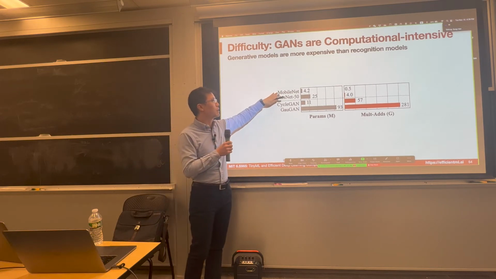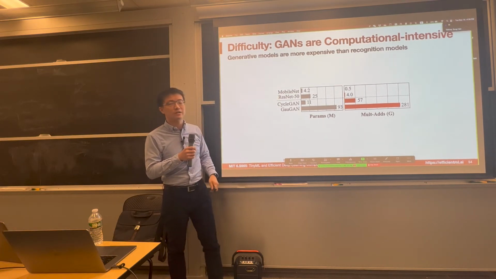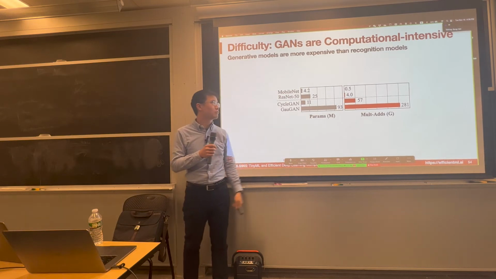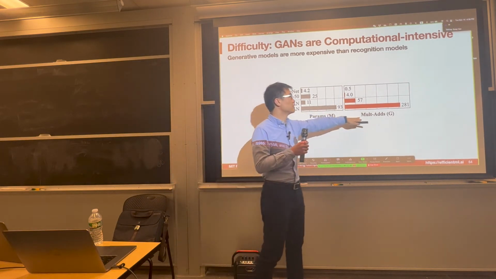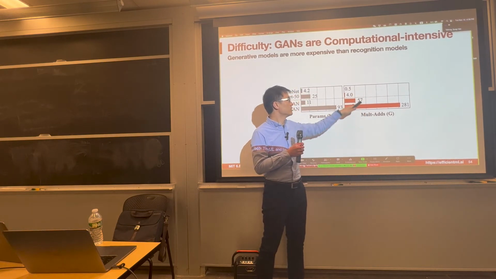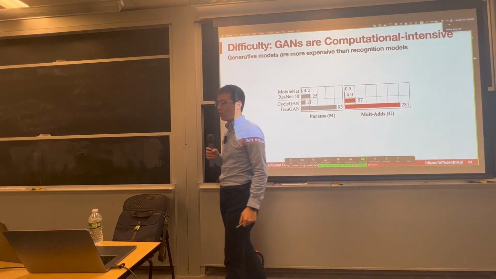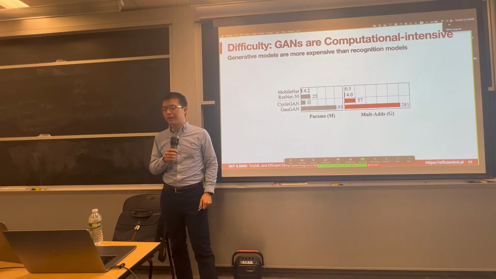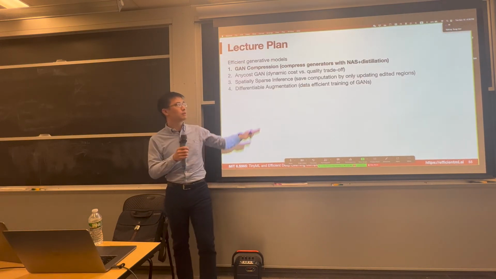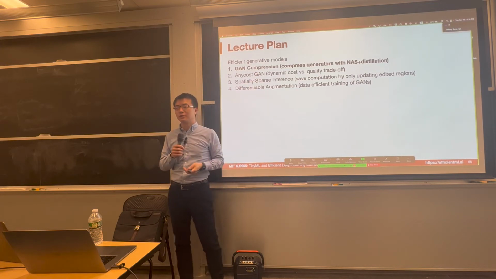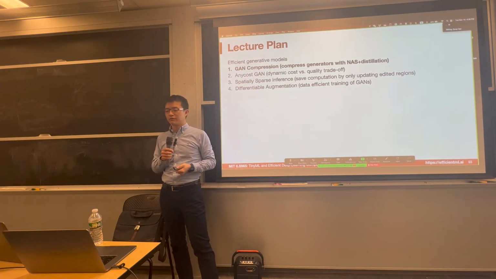Similarly, here we compare MobileNet, ResNet versus the computation and the parameters for CycleGAN, GauGAN, and the computation compared with these methods is about 2 orders of magnitude more than those recognition models, right? So accelerating and compressing such GAN models becomes very challenging and very crucial.